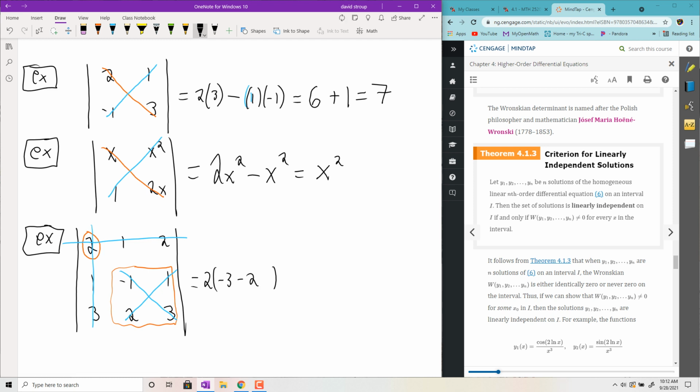Then the next term is always negative. You're always going to put a minus there. Okay, let me erase all this. So first, initially, you write down this number 1. Okay, so you have 1 times.